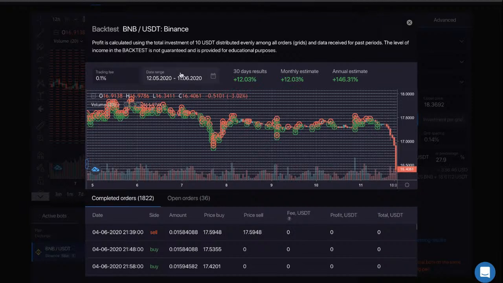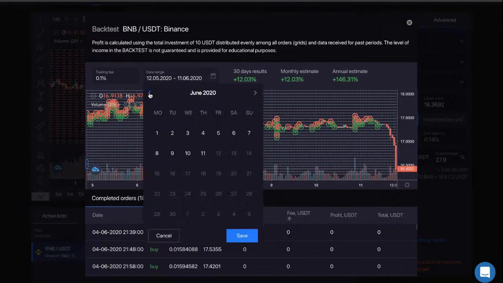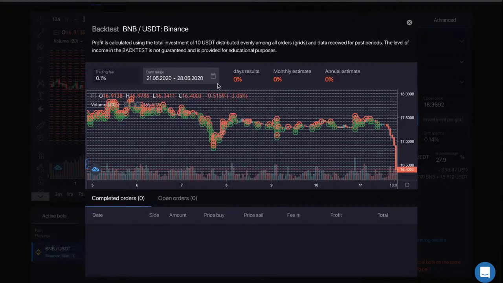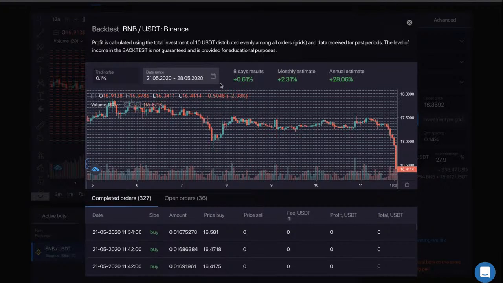You can also switch to a lower time frame, let's say from the 21st of May till the 28th of May. That's only 1 week, and for this period you would generate only that amount of profit.